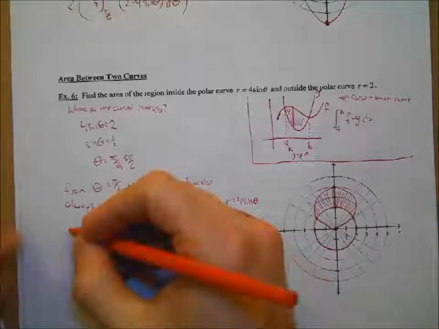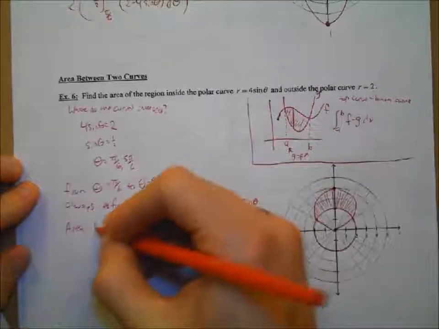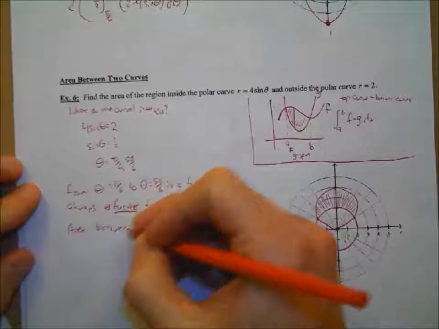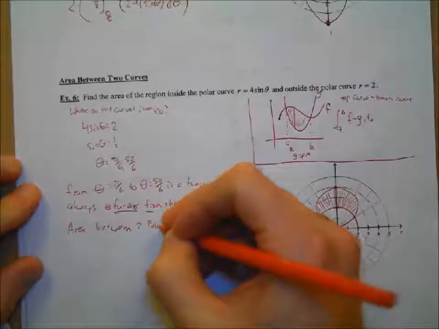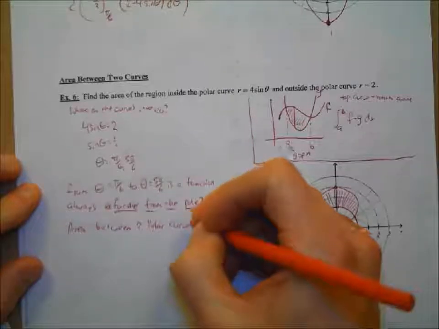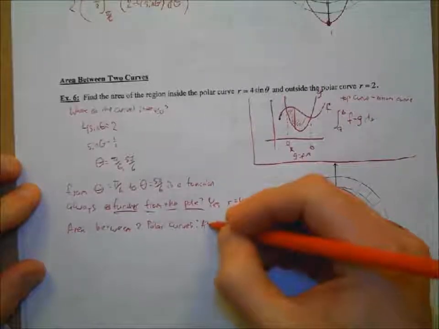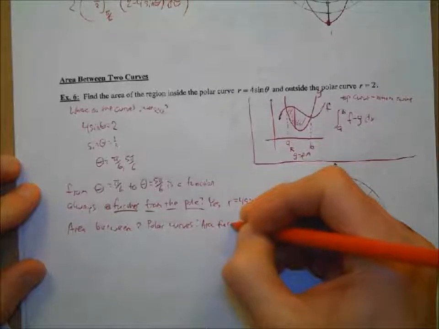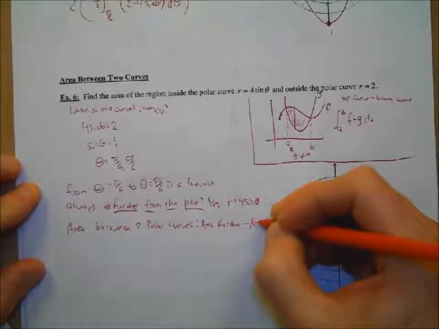So for the area between two polar curves, it's the area of the further one minus the area of the closer one.